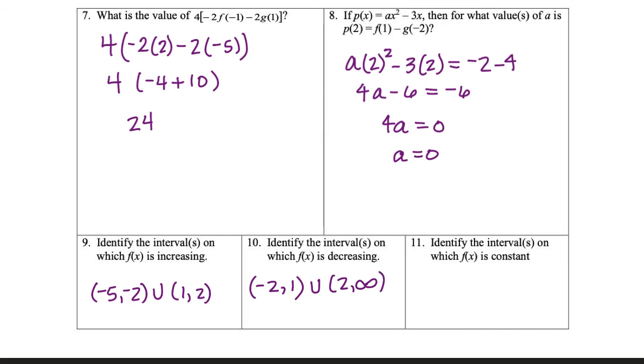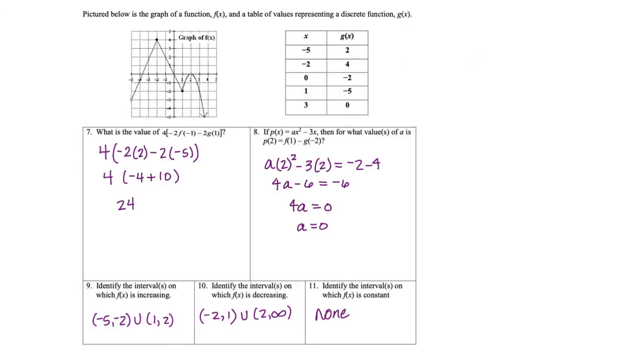And then identify where we're constant, and there are no intervals where it's constant. So that would be none. Just making sure, yep, I don't see any. All right, hopefully all of this is sinking in.